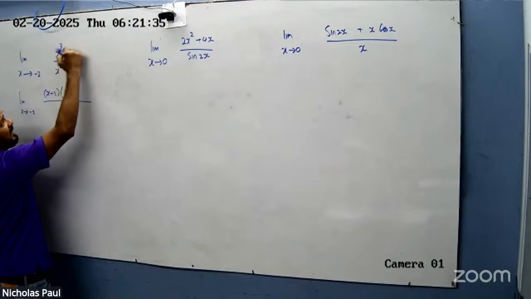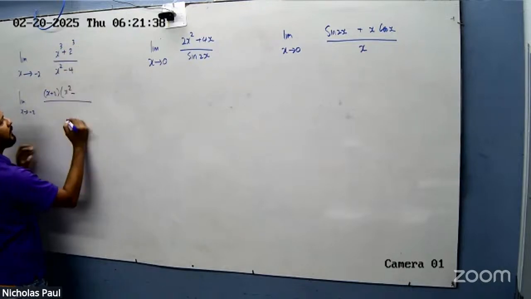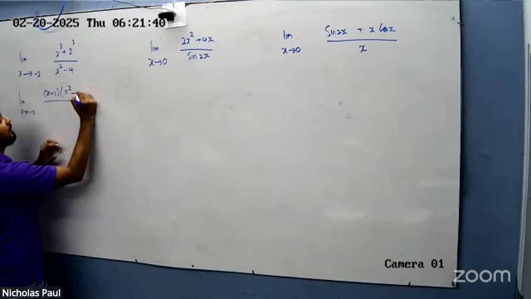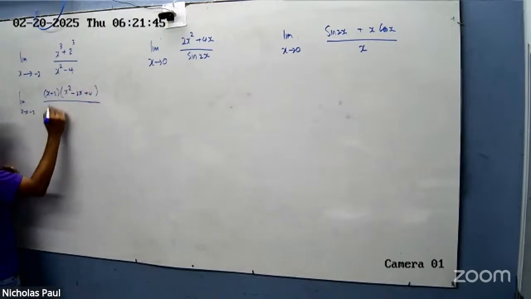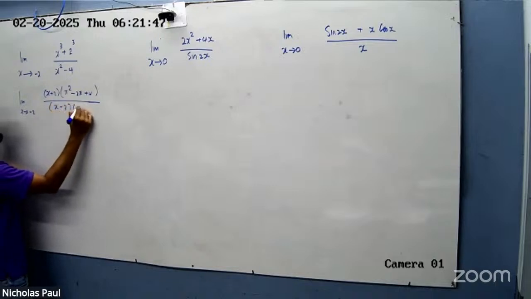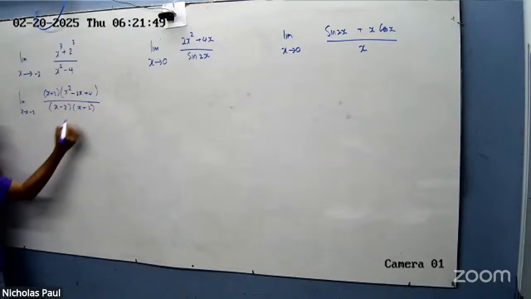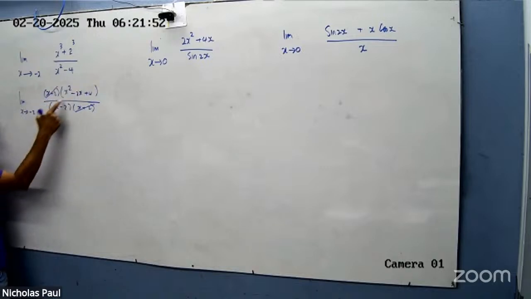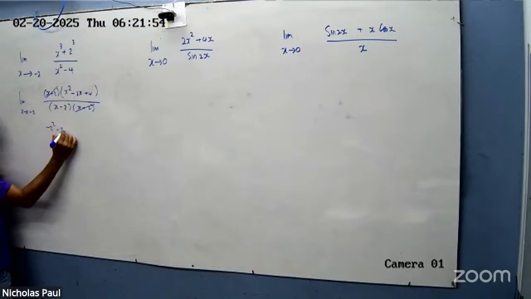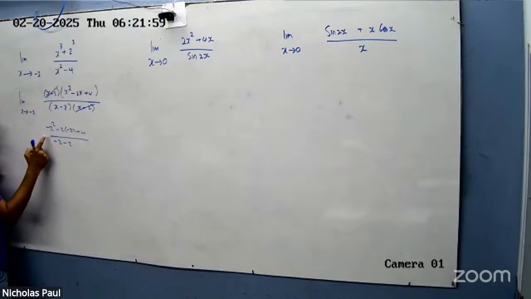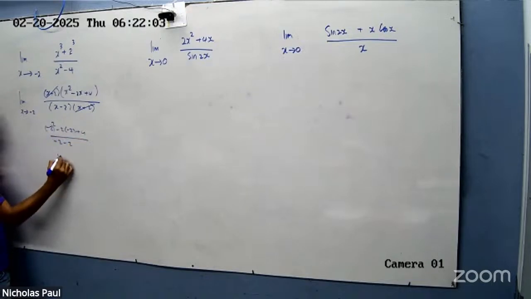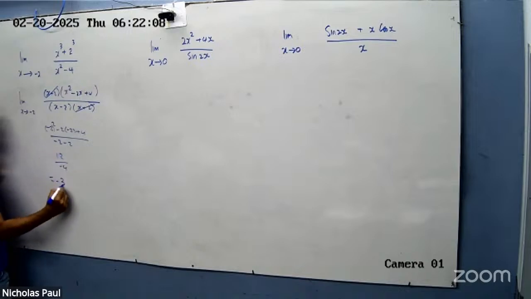Remember, 8 is like 2 cubed, so you'll get x squared minus 2x plus 4 all over x minus 2. The x plus 2 will cancel, and now we can plug in minus 2. Remember this is minus 2 squared, so that's 4 plus 4 is 8, that's 12, and 12 over minus 4.